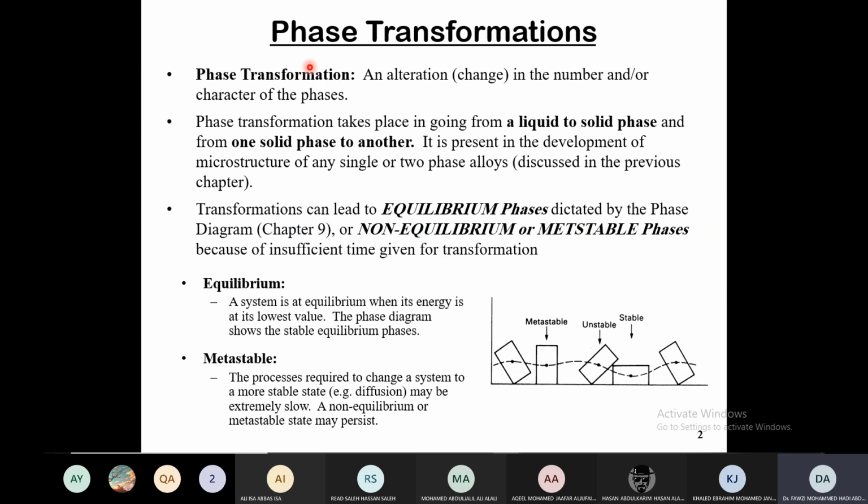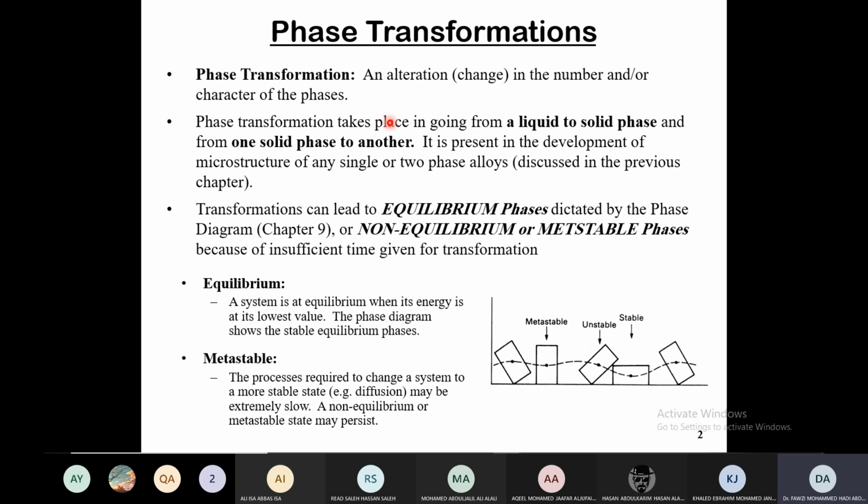Let's look first of all at what phase transformation means. Phase transformation is alteration in the number or the character of the phases. So how many phases you have, how these phases are going to transform, are going to change from, for example, a BCC crystal structure to an FCC crystal structure.